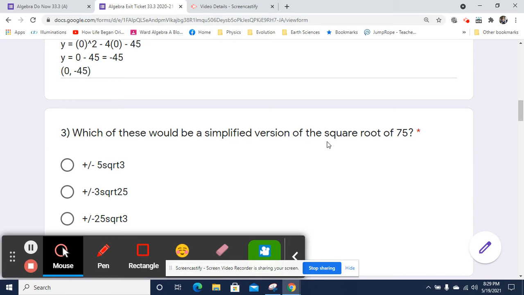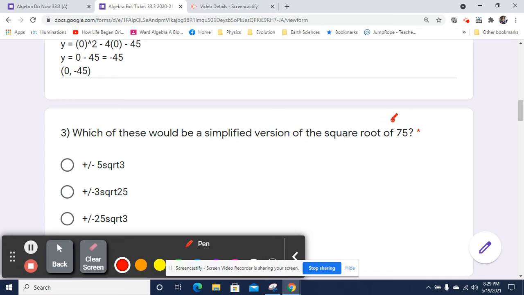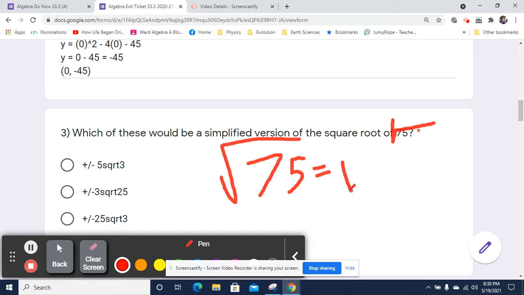Which of these would be the simplified version of the square root of 75? Well, the square root of 75 is going to equal the square root of 25 times the square root of 3, because 3 times 25 is 75.